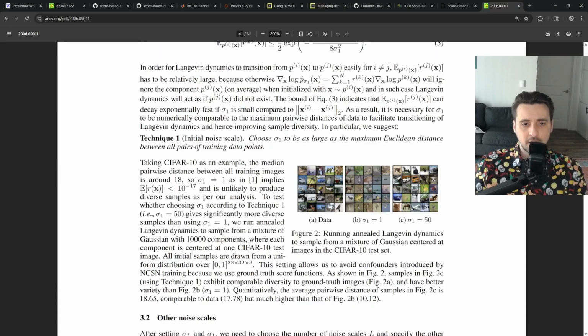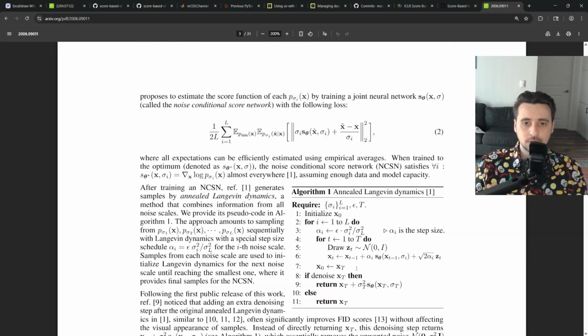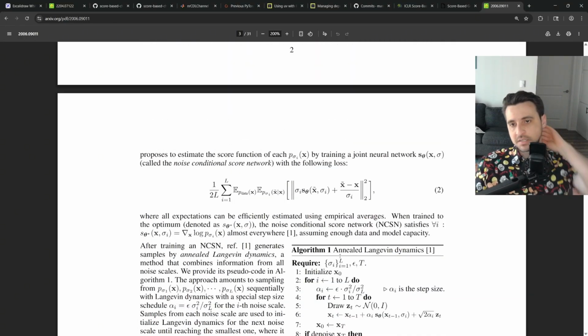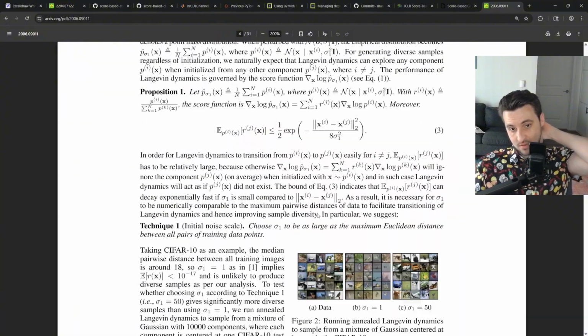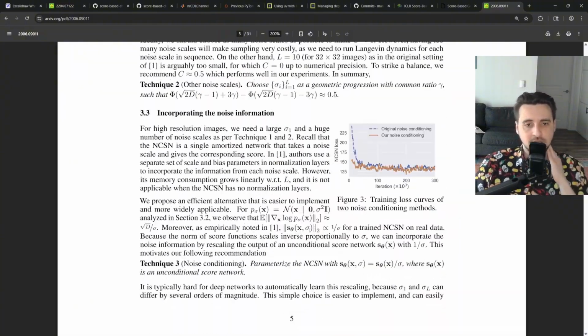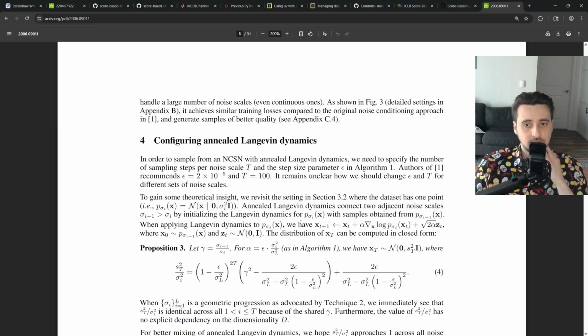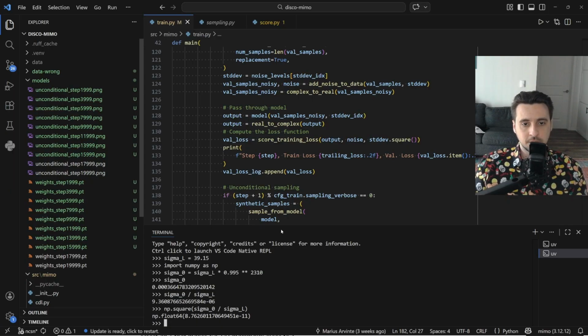Oh no, sigma L, I got the formula wrong then. Oh, I see. So epsilon needs to dampen this significantly then. Ah, I got the formula completely in reverse.